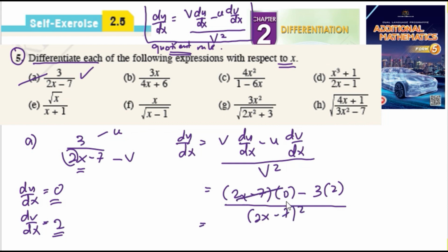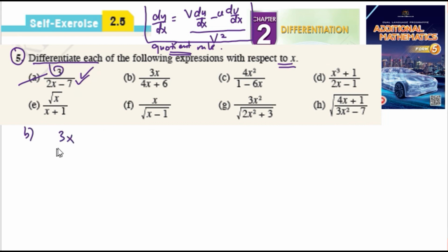This one you will get 0, and here you get negative 6 divided by (2x minus 7) squared. You see, it is similar to the one we calculated before. But this is the quotient rule, and the shortcut can only be done if you don't have any x on the top.